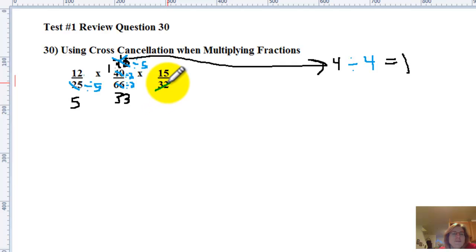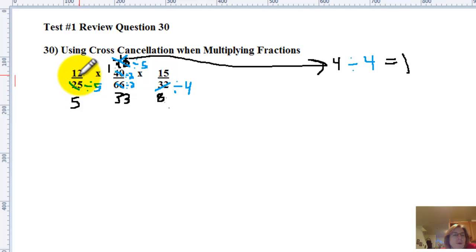So this one is divided by 4. That new denominator becomes 8, because 8 times 4 is 32. We've got new denominators of 5, 33, and 8 for the bottom.